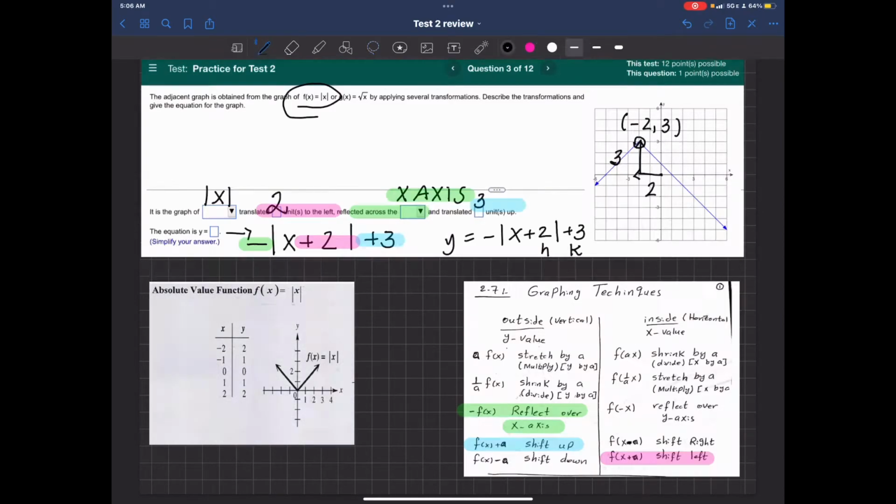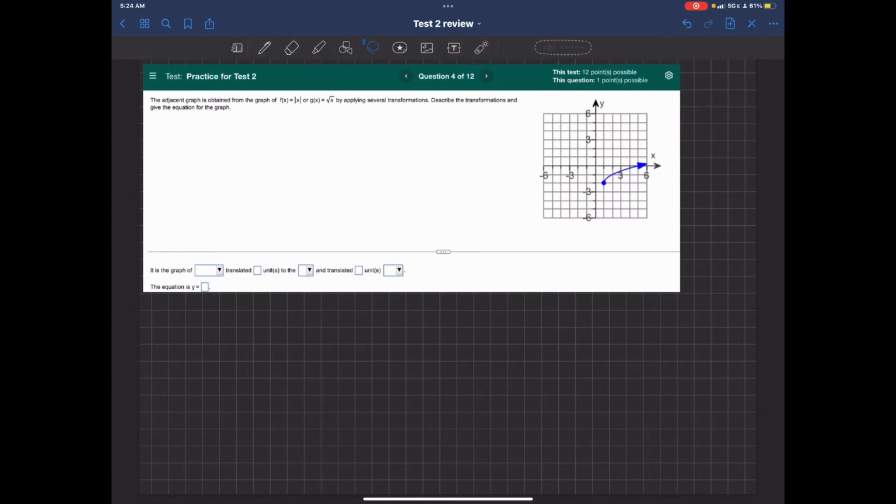Okay. The adjacent graph is obtained from the graph of f of x equals absolute value of x, or g of x equals the square root of x, by applying several transformations. Describe the transformations and give the equation of the graph.